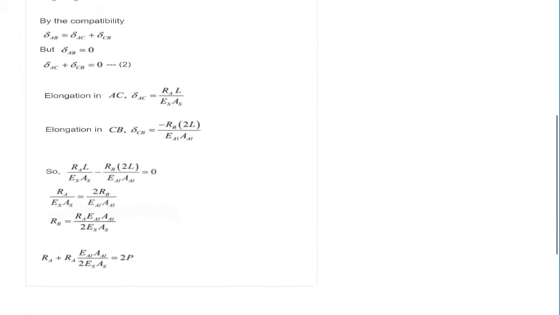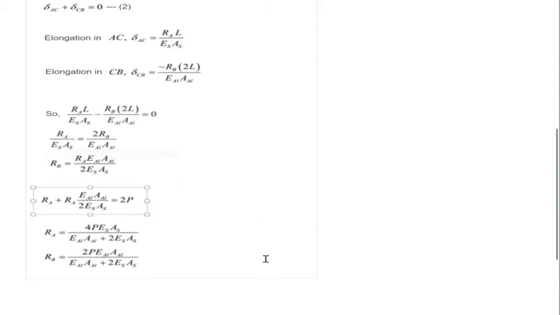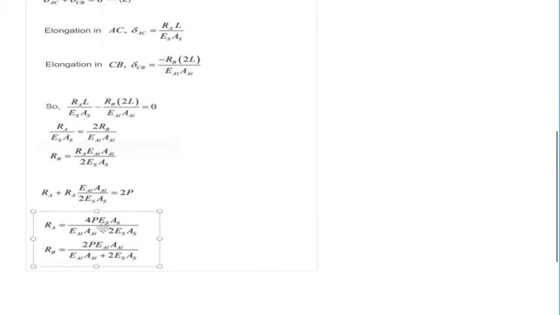And after that, when we simplify, we will have the reaction at A is equal to the following. The reaction at A will be equal to 4P times the modulus of elasticity of the steel times the area of the steel divided by this sum.